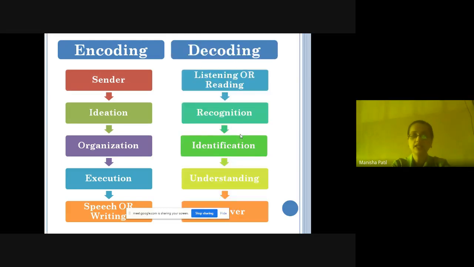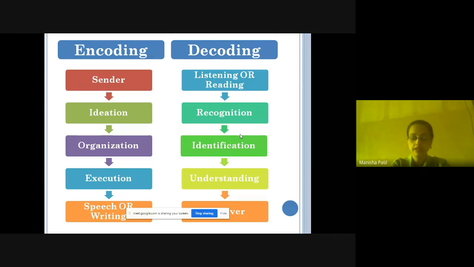Next, we are having decoding. Now, the receiver first listens or reads. Then, the receiver recognizes the sound or the letters. Then, together, the individual sound or the individual letter is grouped into a word or a sentence, and then identification of that particular object is done.